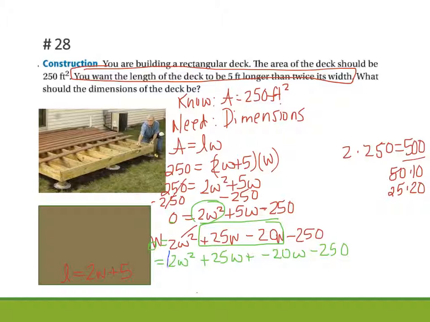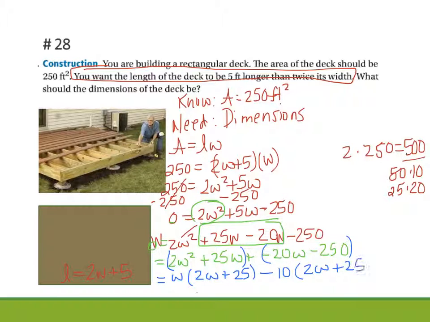Then I'm going to group the first two terms and these two terms, and pull out the common factor. I can pull out a W from my first two terms and get 2W plus 25. And I can pull out a negative 10 from my second two terms and get 2W plus 25.